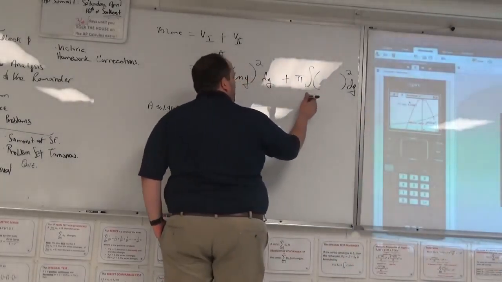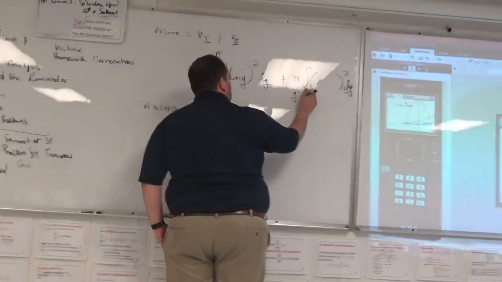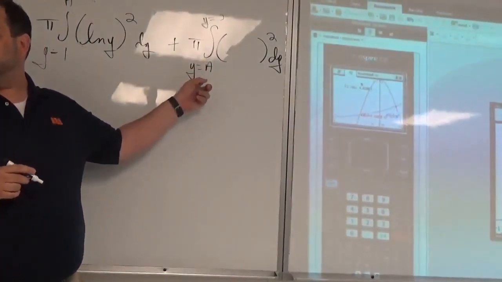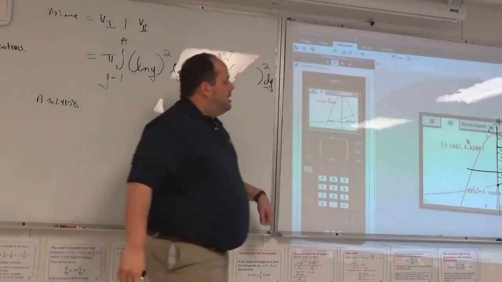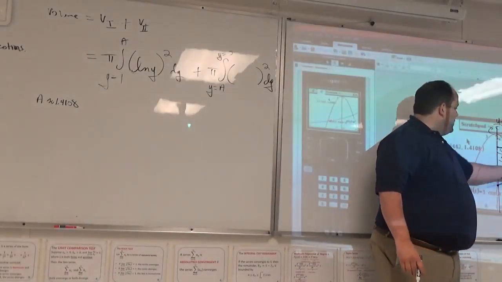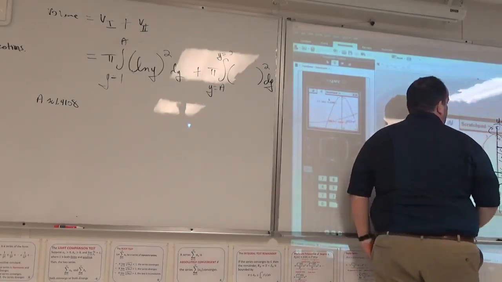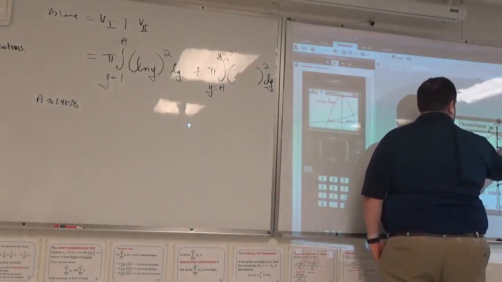Does that make sense? Alright, so if all goes well, your limits of integration for the second one are going to go from a to 3. Right, a is that 1.4108, the 3 is the y value over here. And how long are the slices up there?